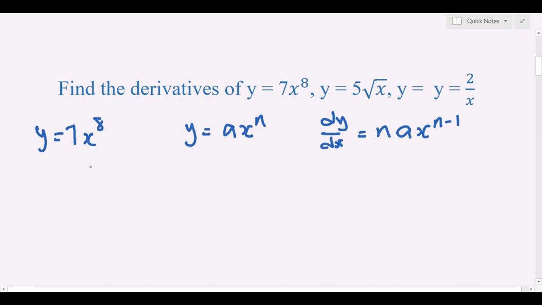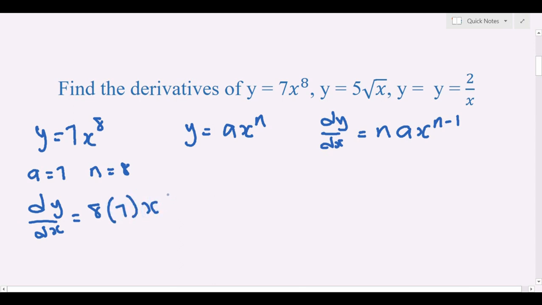So in this particular case, what is our a? Our a is equal to 7. Our n is equal to 8. So it follows that dy/dx will give us 8 into 7 into x raised by 8 minus 1. This is equal to 56x raised by 7. This is our answer.